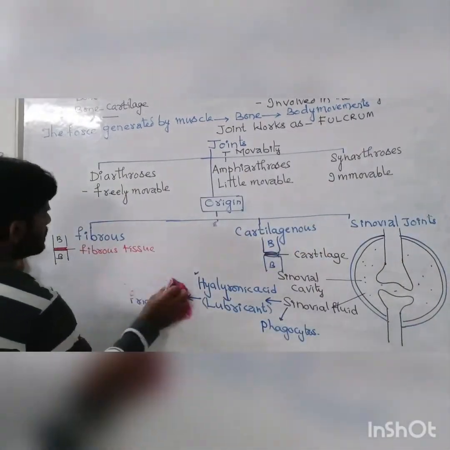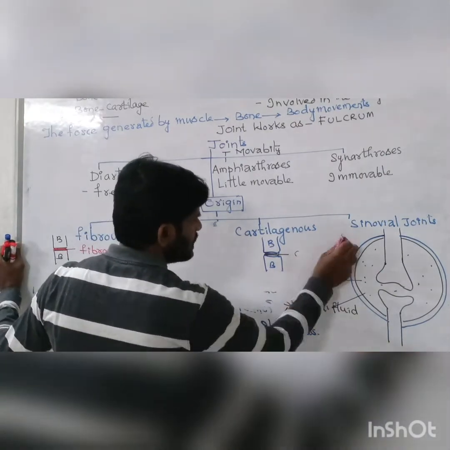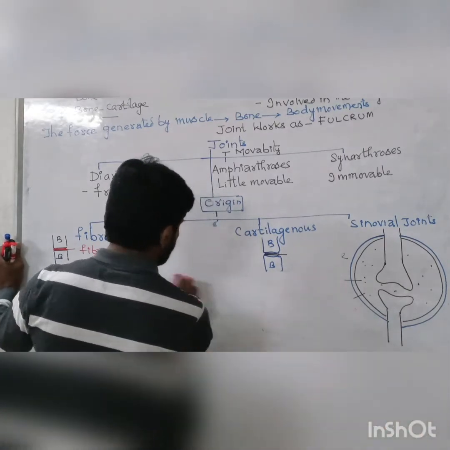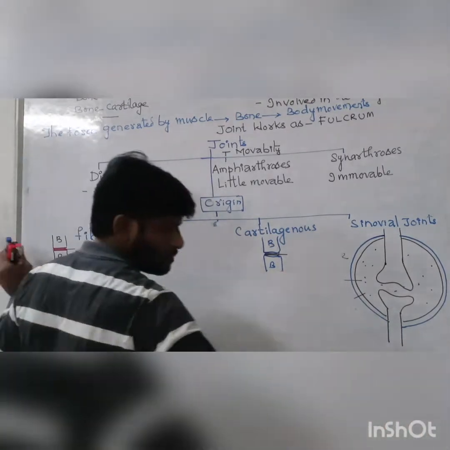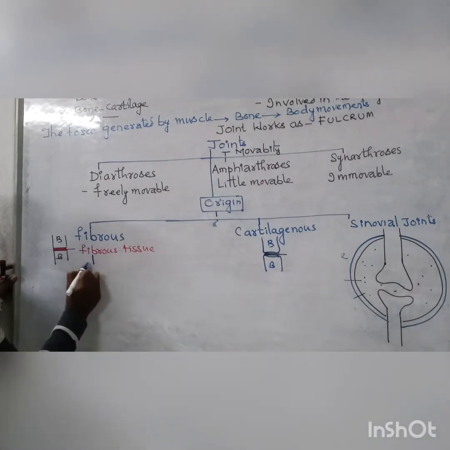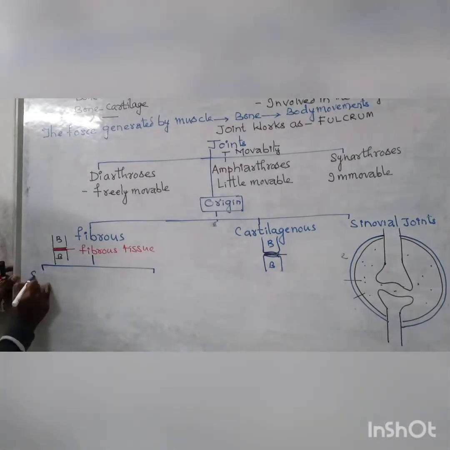So, coming back to the fibrous joints. Fibrous joints are of three types. One is the sutures.